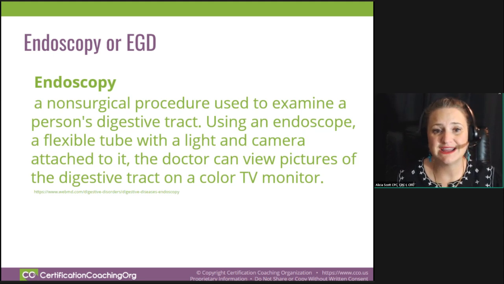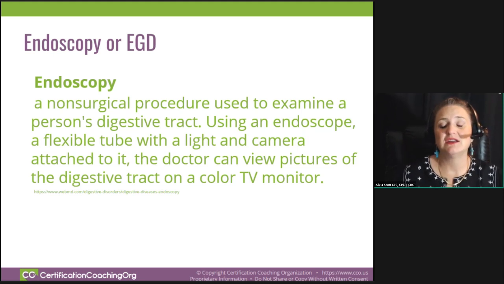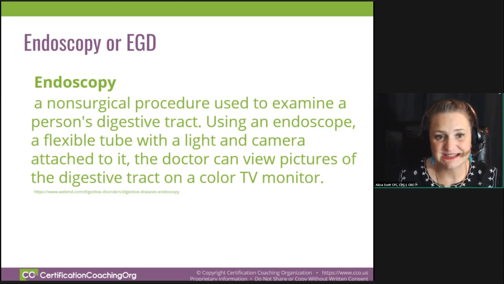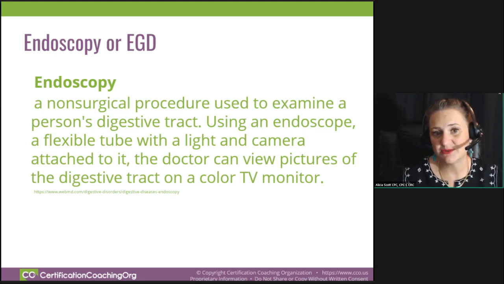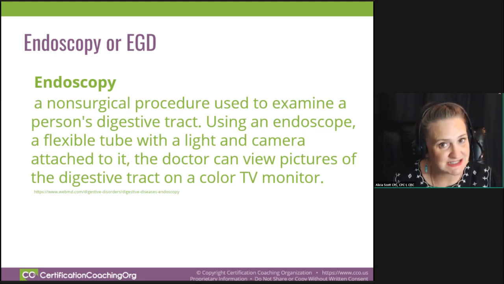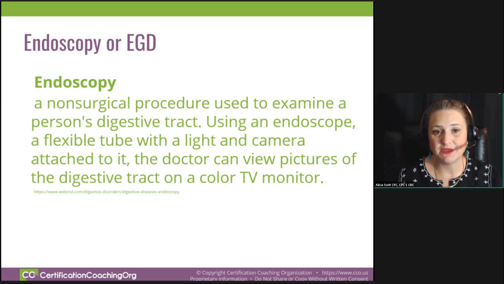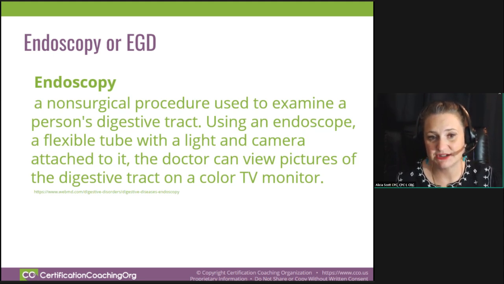So coding for intent, and the way we're going to demonstrate this is an endoscopy or an EGD. So let's talk about first, what's an endoscopy? An endoscopic procedure is just them going in and looking around. For the most part, they can look at any part of the digestive tract to do an endoscopy.